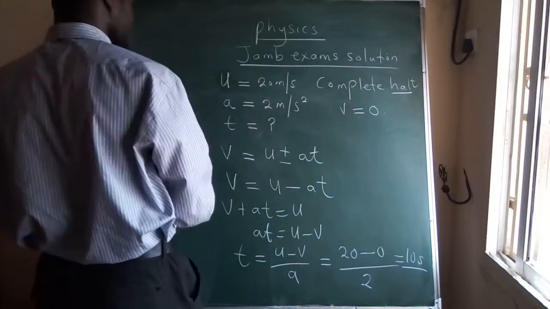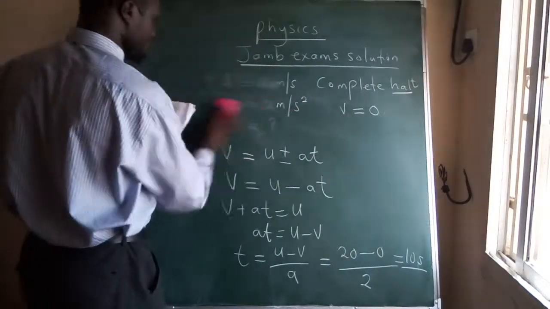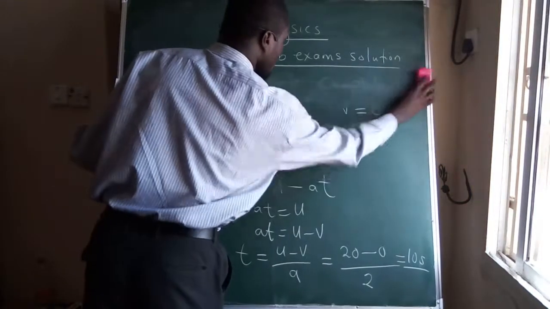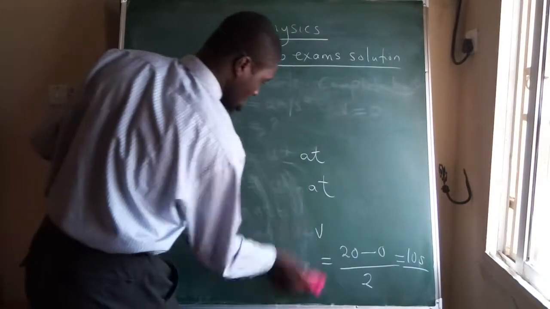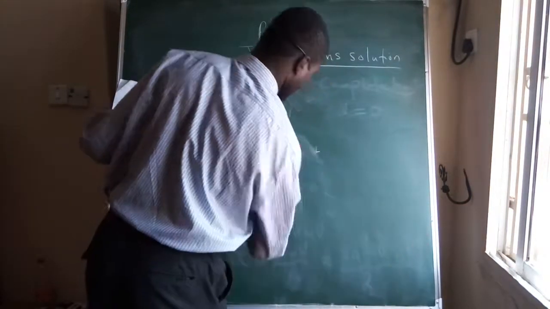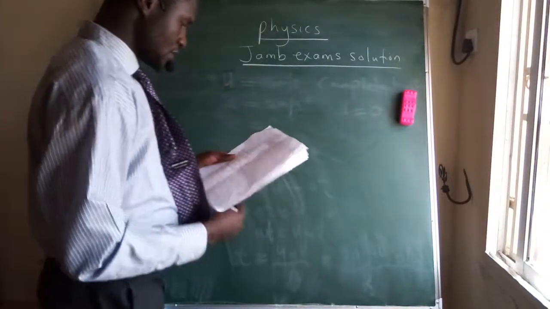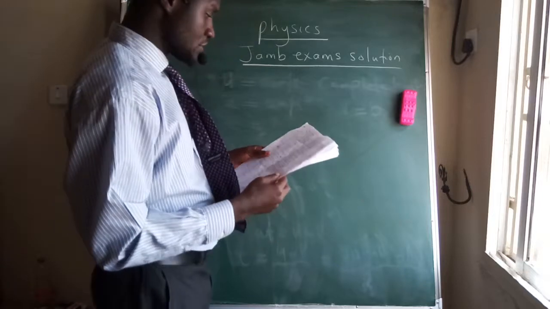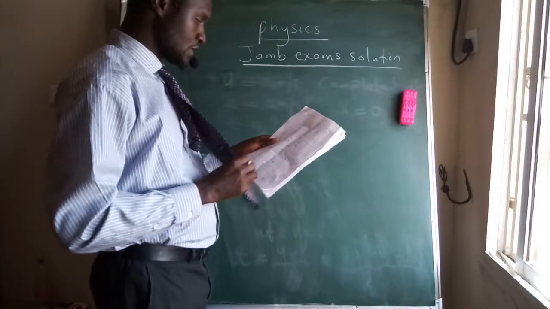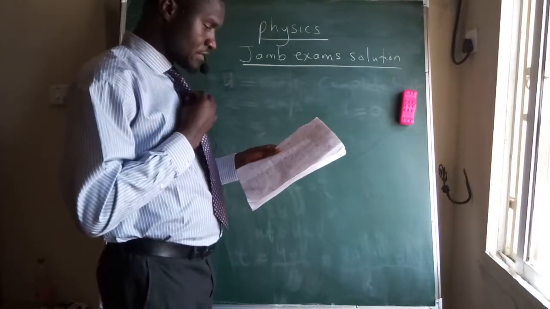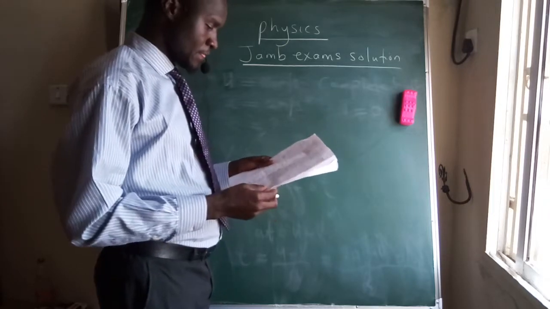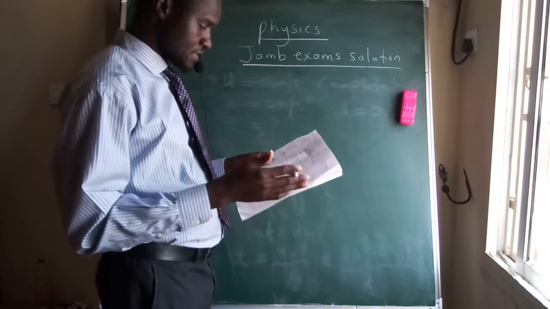So the next question is question 2. Question 2 says a body which weighs 50 Newton in air displaces 3.5 kilograms of water when partially immersed in water.